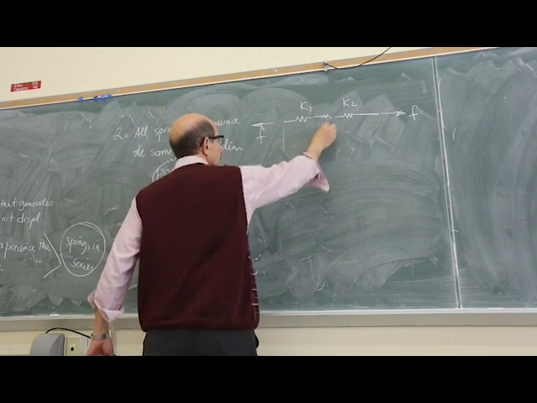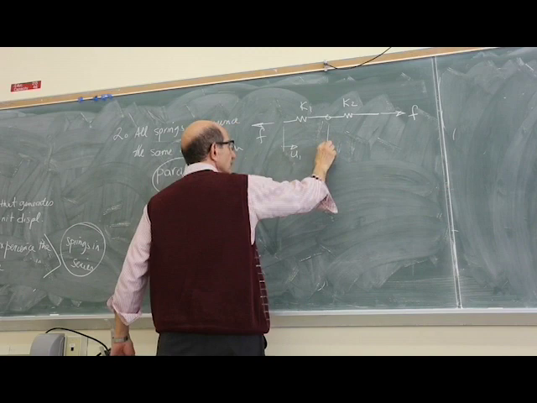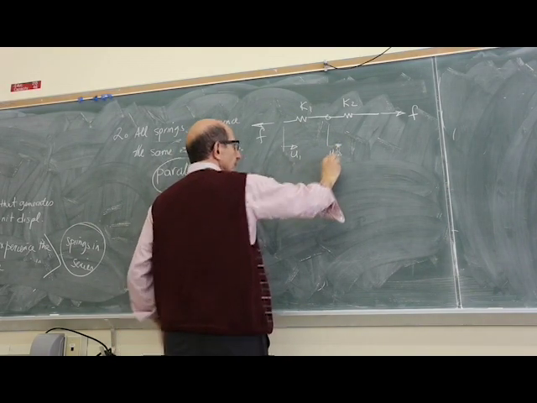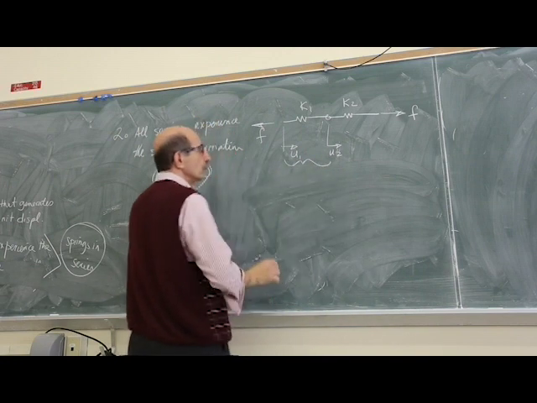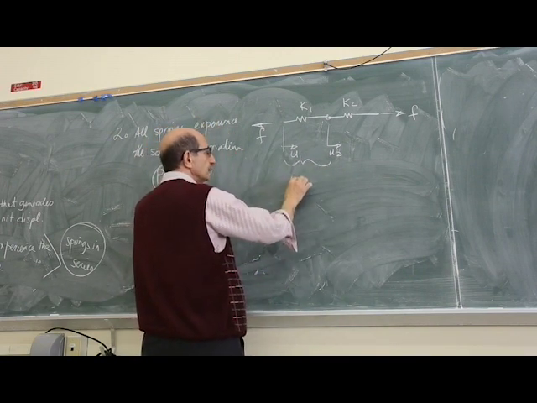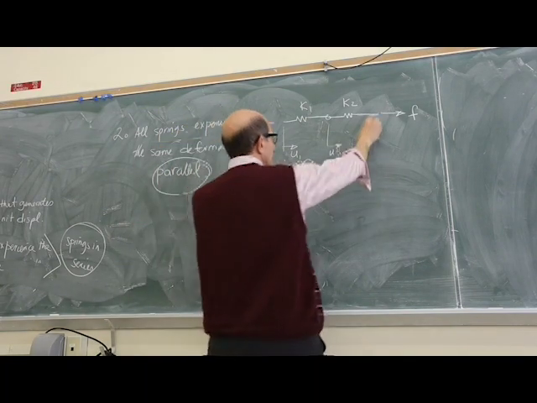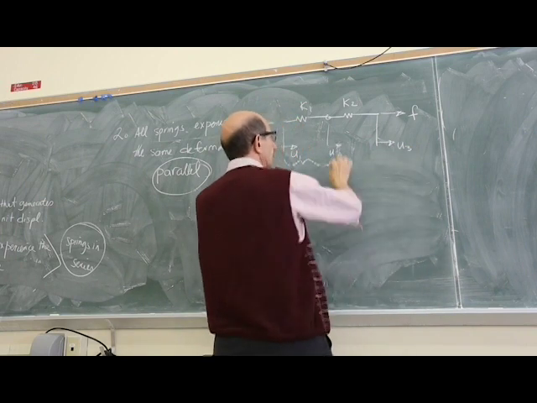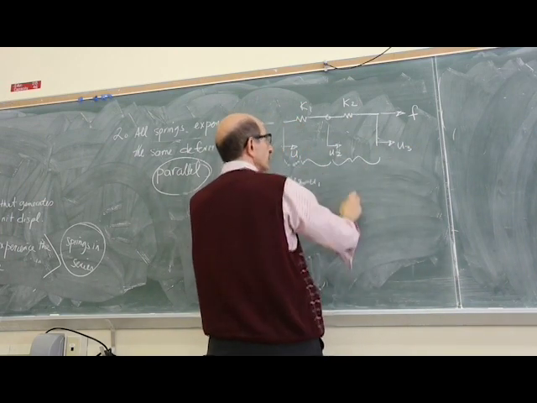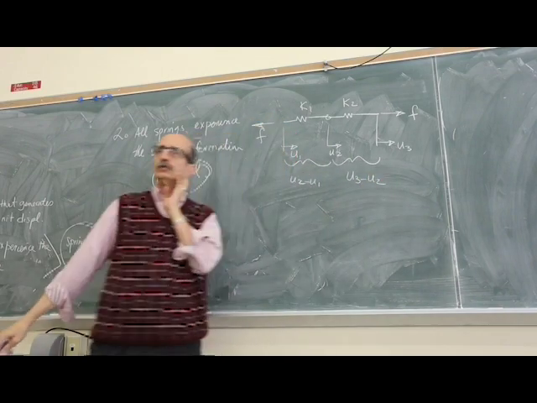So if this end goes through a displacement U1 and U2, this bar will experience a displacement that is U1 minus U2. And if this end moves that amount, this spring would experience a displacement which is U3 minus U2.